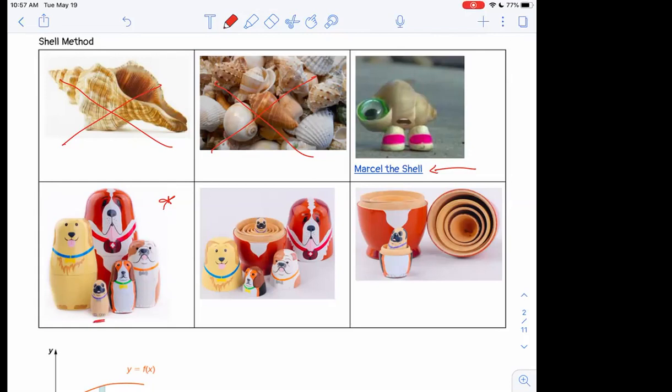This is the smallest dog, it goes inside of that dog, and then that dog goes inside the bulldog. The bulldog fits inside of the golden retriever, and the golden retriever fits inside of the Saint Bernard. So that's what we mean when we're thinking shell method. We're thinking layers, kind of like an onion.